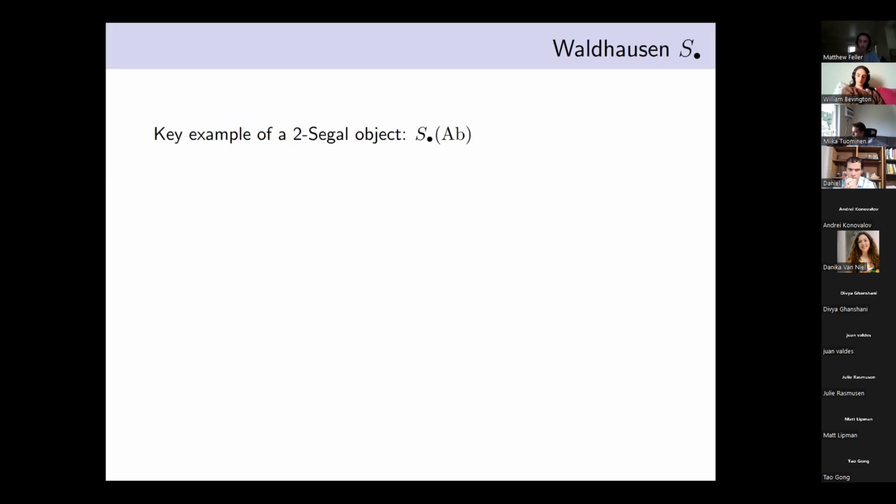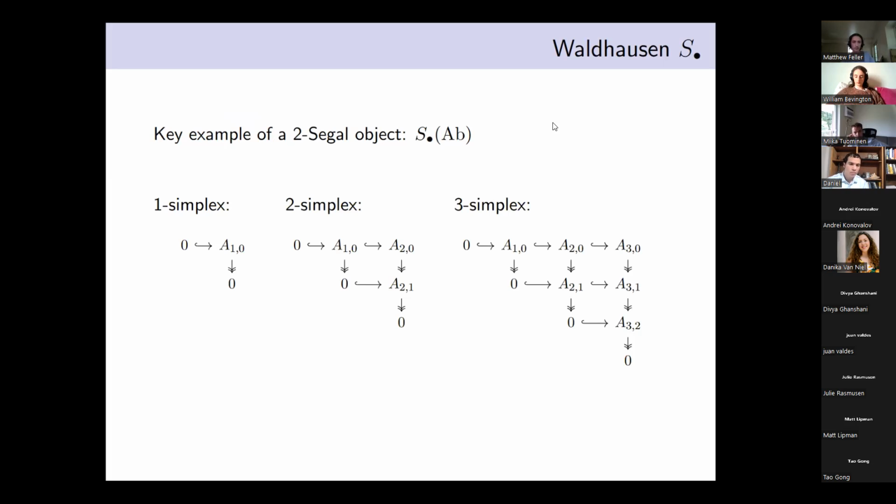In general, you can put very fancy things into the S-dot construction, but I'm going to stick with just the ordinary category of abelian groups because we're going to see that something interesting happens even with that. So this S-dot of abelian groups is going to have just a unique 0-simplex. It's just kind of this 0 diagram.